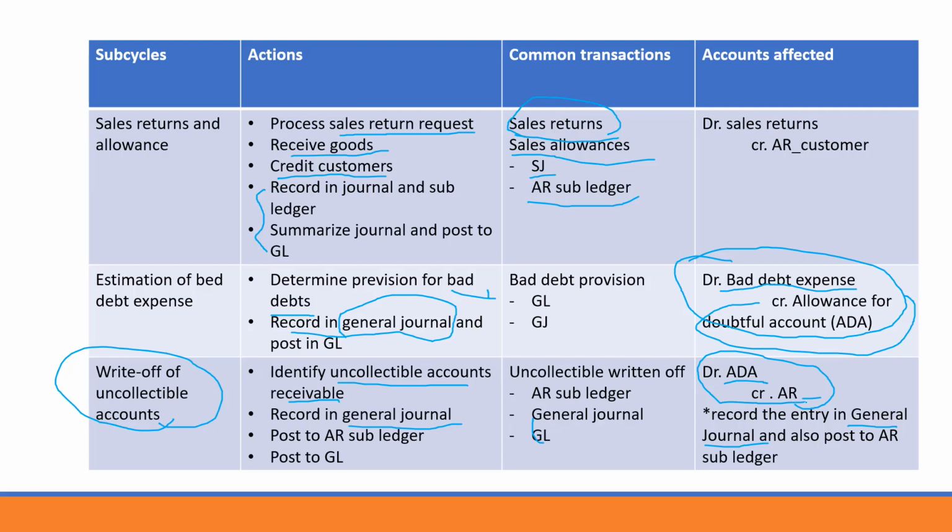We do not have a specific accounts receivable account on the general journal. However, you also need to post this to that customer's accounts receivable subledger to make sure we credit that out as well.